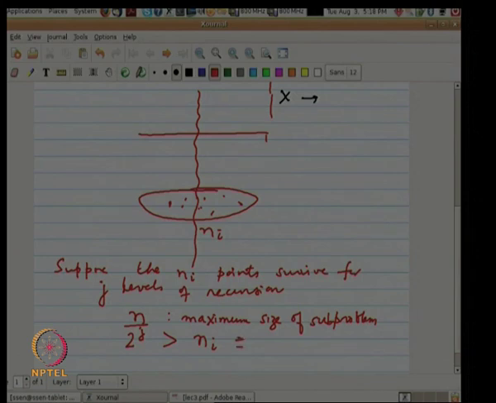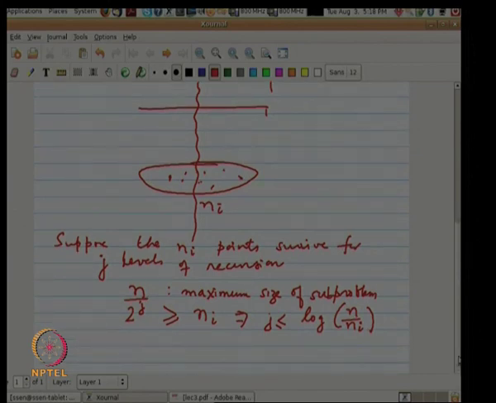Or in other words, j should be smaller than or equal to, let us say, log of n over n sub I. So, what we have established is that this cluster cannot survive beyond j iterations, and j has to be less than that. So, it can only be processed for so many steps of the recursion.